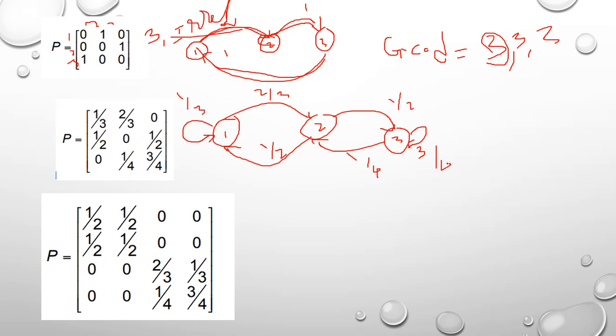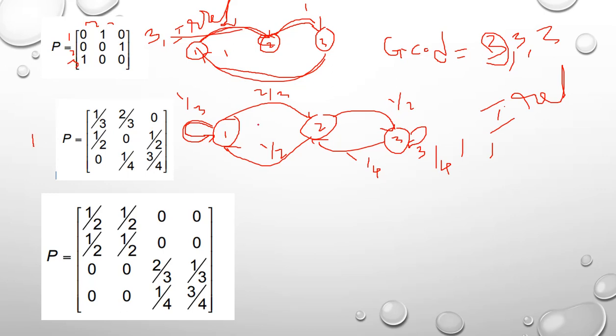Now we can check the GCD. By seeing the graph we are saying that this chain is irreducible. Now we can find the periodicity. If you take class 1, it takes 1 step; in one step it is possible.